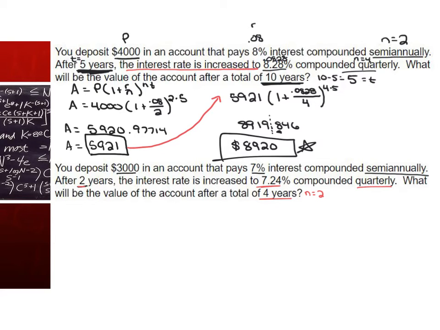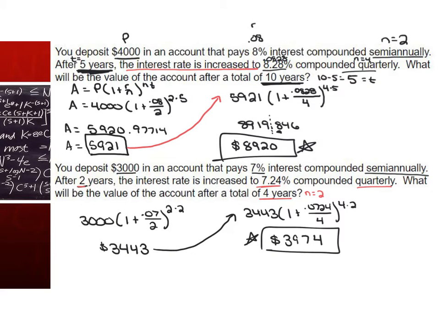The answer and work will be up in 5, 4, 3, 2, 1. You should have gotten a total of $3,974 after 4 years.